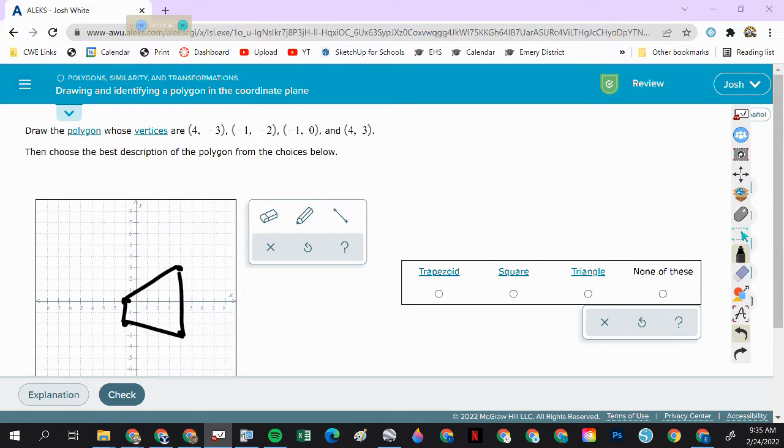And then you have to decide, is it a trapezoid, square, triangle, or none of the above? That is a trapezoid because it has one set of parallel lines.